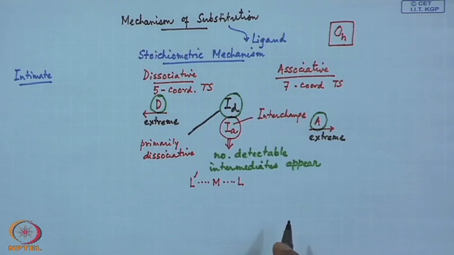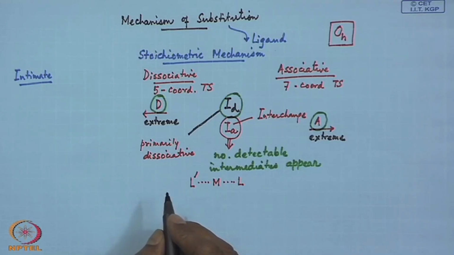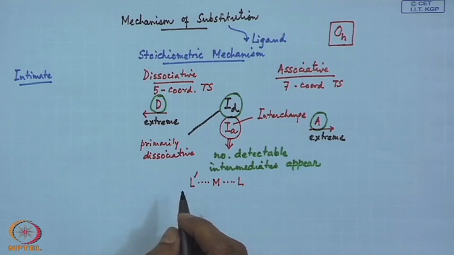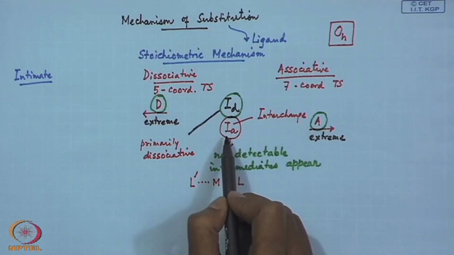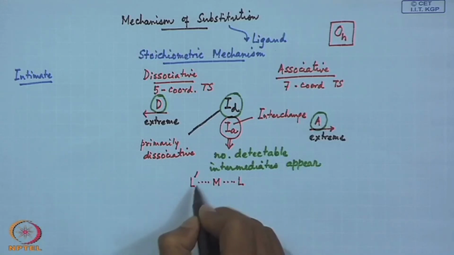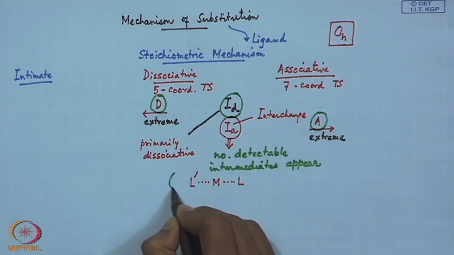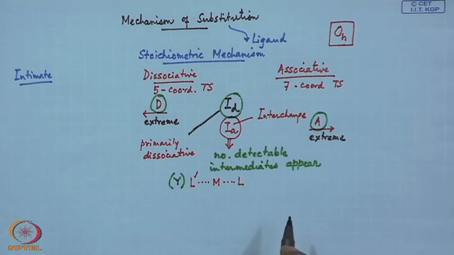When the kinetic evidence points to association or dissociation, but detection of intermediates is not possible, we get either D or A or Ia or Id. So, when we bring this, that means this L prime can be a capital Y.